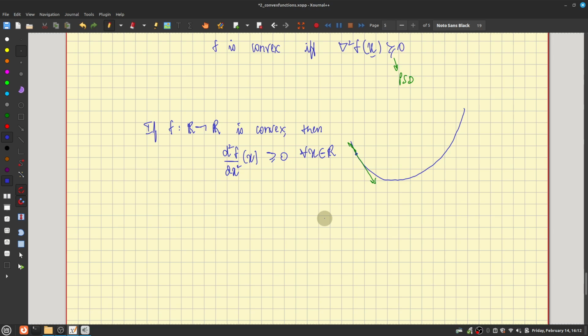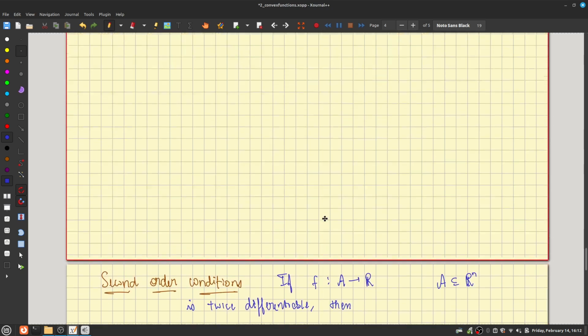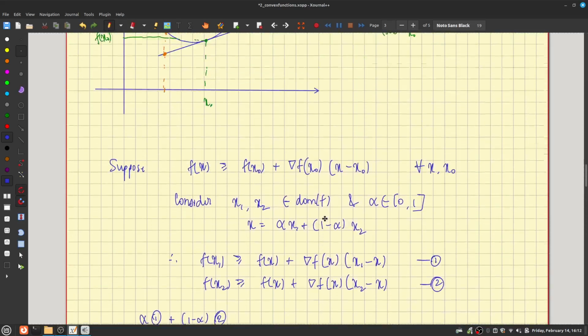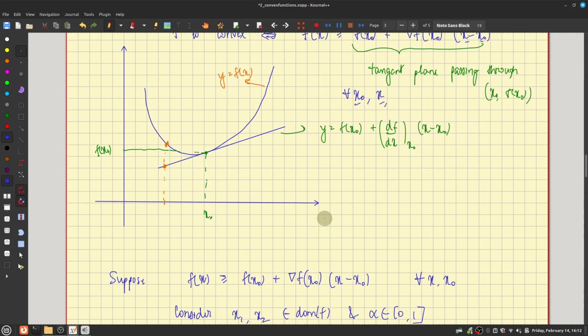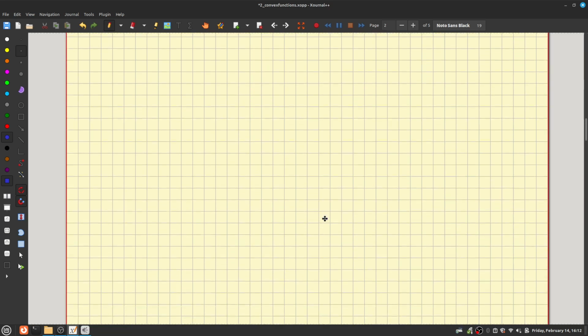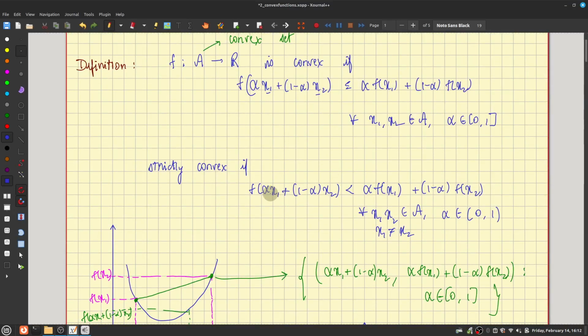Right? And although I didn't explicitly point out, all of these have their natural extensions to strict convexity. So recall that a function is said to be strictly convex if f of alpha x1 plus 1 minus alpha x2 is strictly less than alpha f of x1 plus 1 minus alpha f of x2 for all points x1, x2, and alpha lying strictly between 0 and 1.